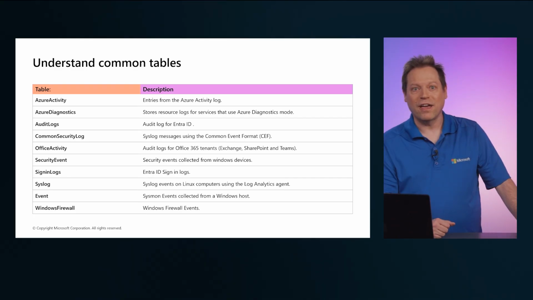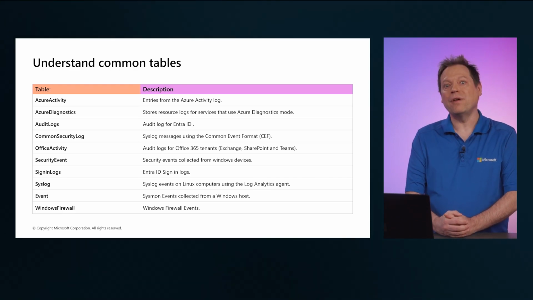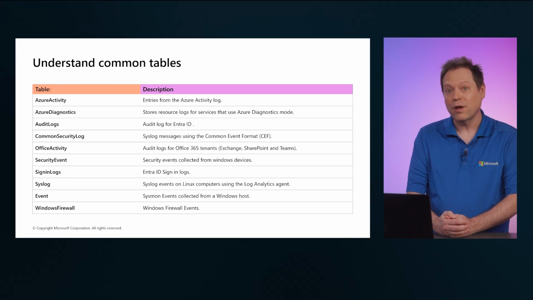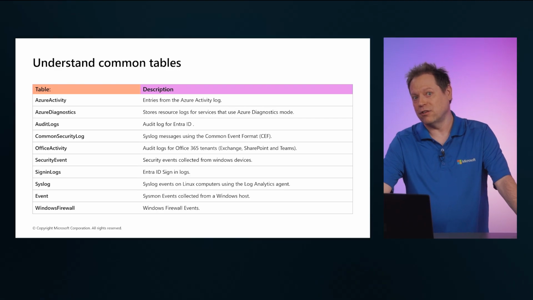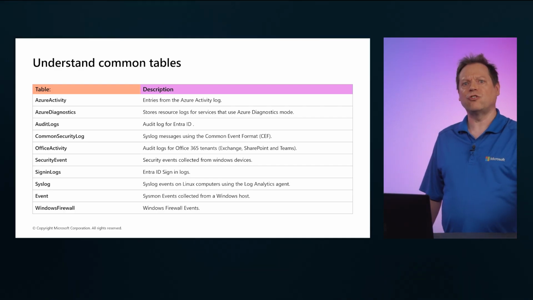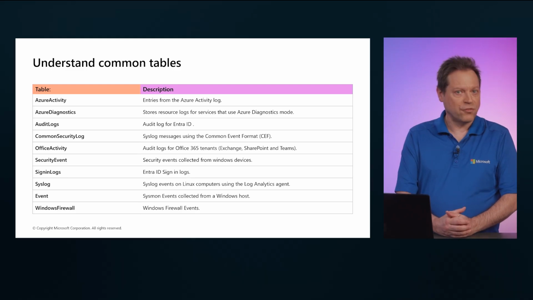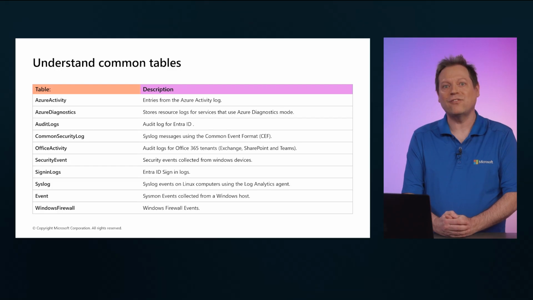CommonSecurityLog is where your syslog messages using the Common Event Format, or CEF, are stored. OfficeActivity contains audit logs for Microsoft 365 services like Exchange, SharePoint, and Teams. SecurityEvent contains security events collected from Windows devices.